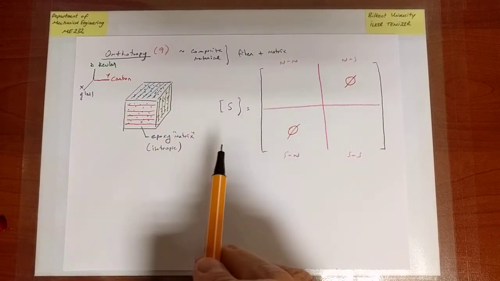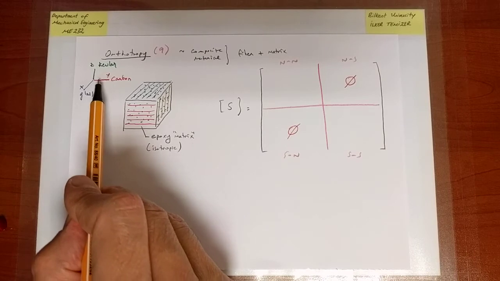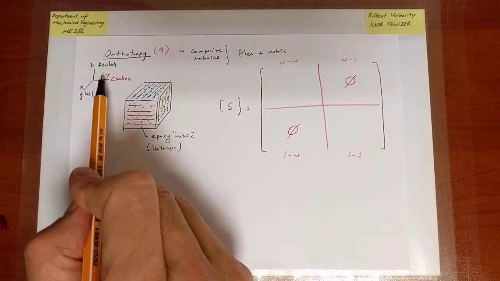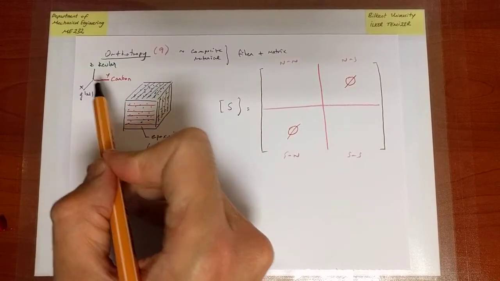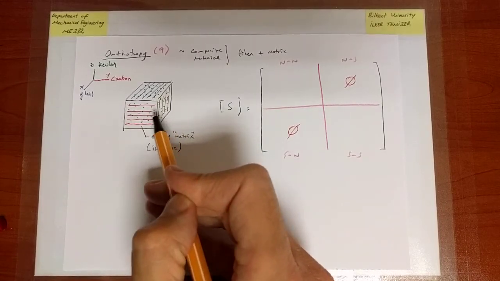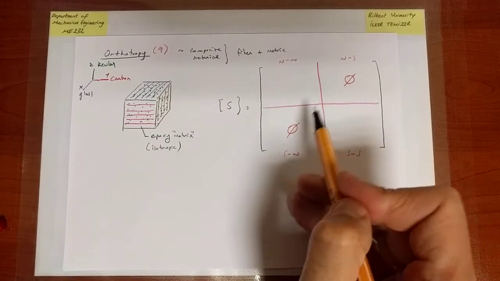I'm going to give you an example in the future, and I'm going to show you that if you change either the orientation of the axes x, y, z, so instead of choosing them like this, you choose them at some other orientation, or this is still x, y, z, but the fibers don't run like this, but at a certain angle with respect to the coordinate directions, these are not zero anymore. And then you will get normal shear coupling.